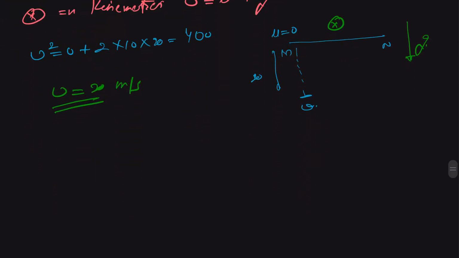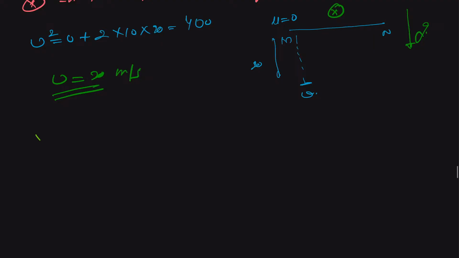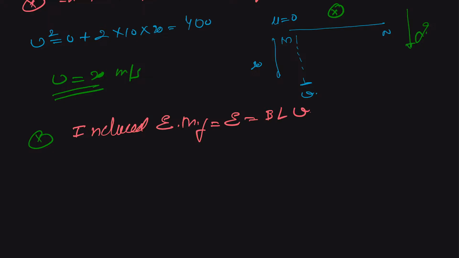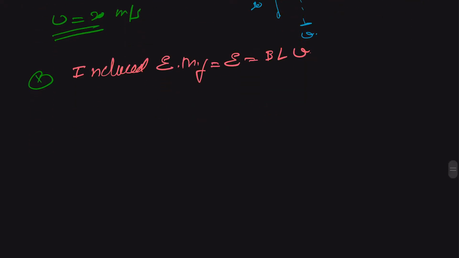Now induced EMF will be equal to BLv, and all the values are known to us. So magnetic field is given to us as 0.5 and length is about 20 and velocity is also 20.